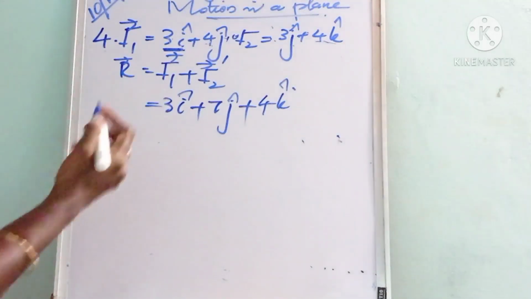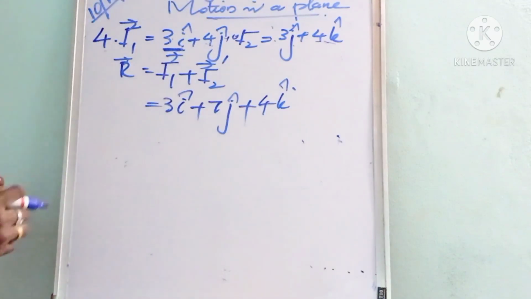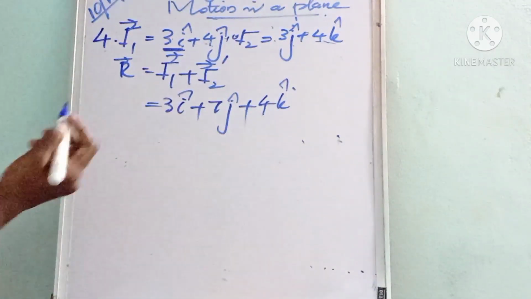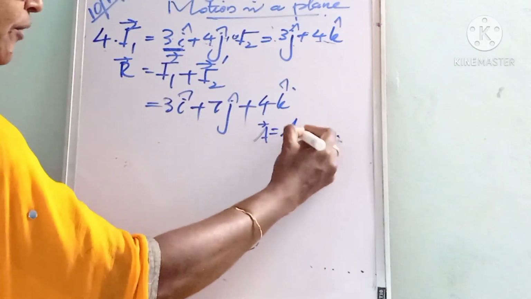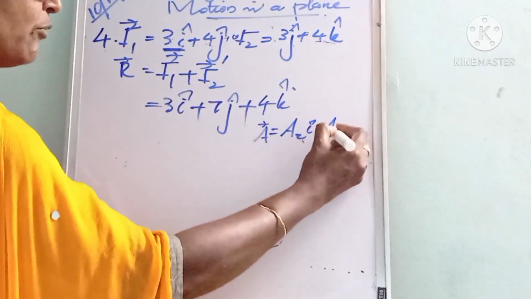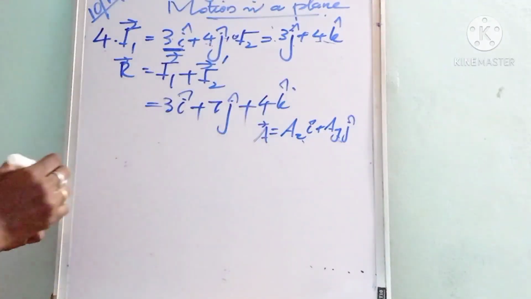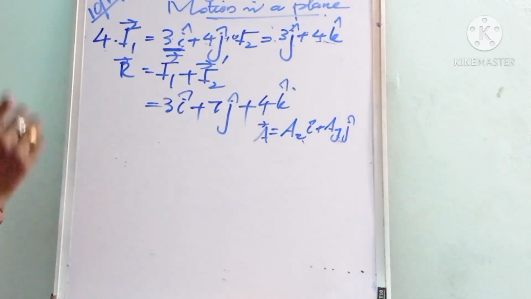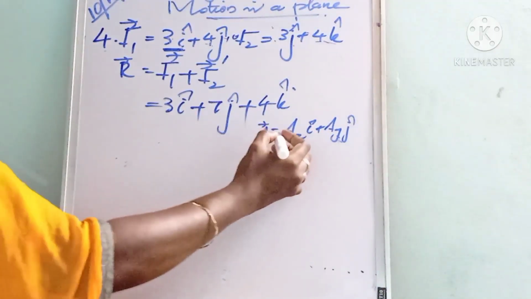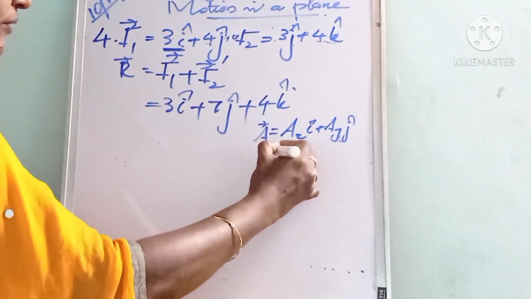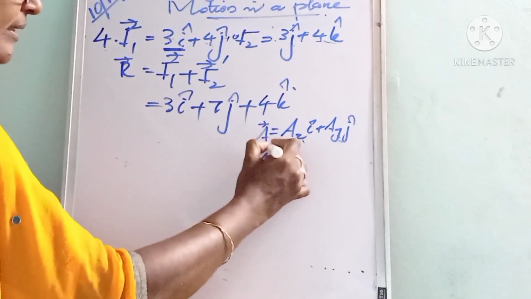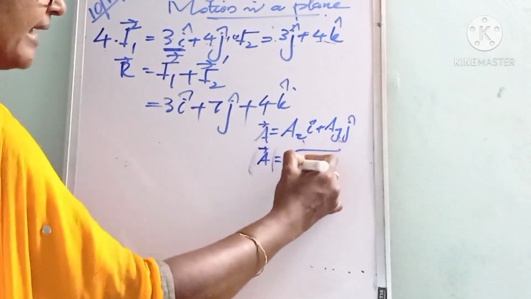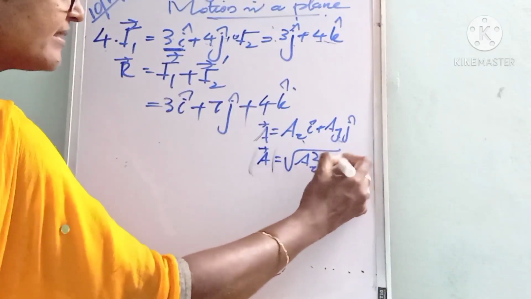We already learned that in the rectangular components of unit vectors, suppose we have the rectangular components of vector A as Ax i plus Ay j. We consider the x and y directions only. Then the magnitude of the vector A is the square root of Ax square plus Ay square.